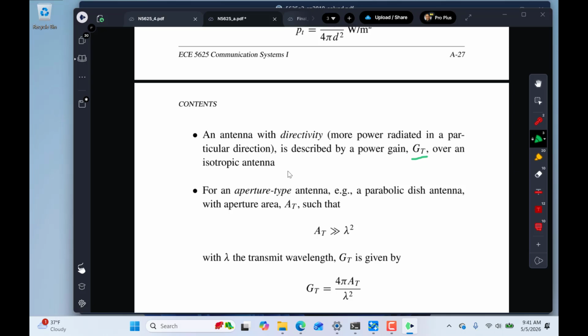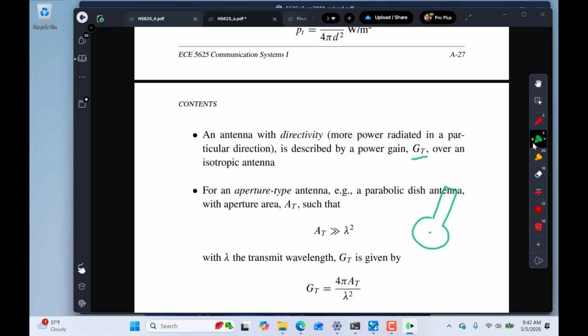I think if you wanted to draw a really simple picture of an antenna... This is kind of weird looking, but thinking if you're looking at the antenna from the top down, around all directions, it has a certain amount of gain, really small, and then in some directions it's very large, right?